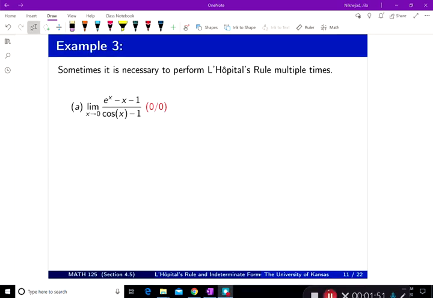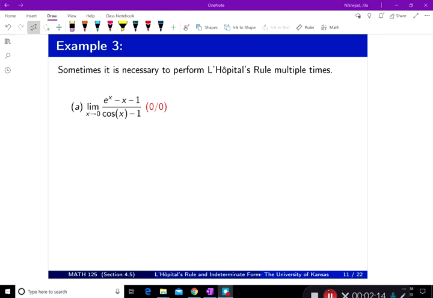For the rest of this section, we discuss different scenarios that can happen with L'Hopital rule. One scenario is that you have to do L'Hopital rule multiple times to end up with the right answer.